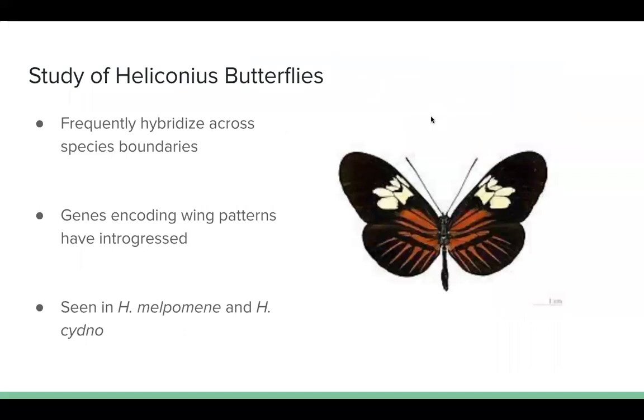And this is where the study of Heliconius butterflies comes in. And so Heliconius butterflies frequently hybridize across species boundaries, and genes encoding some of their wing patterns have introgressed. And this is seen specifically in the two species Heliconius melpomene and Heliconius sara.